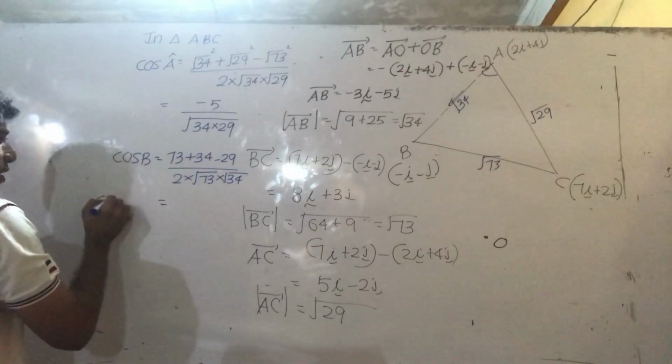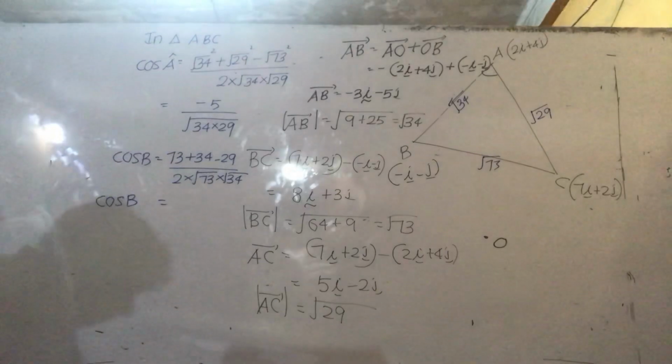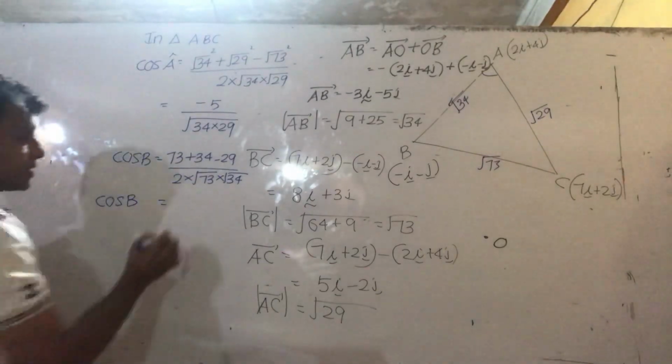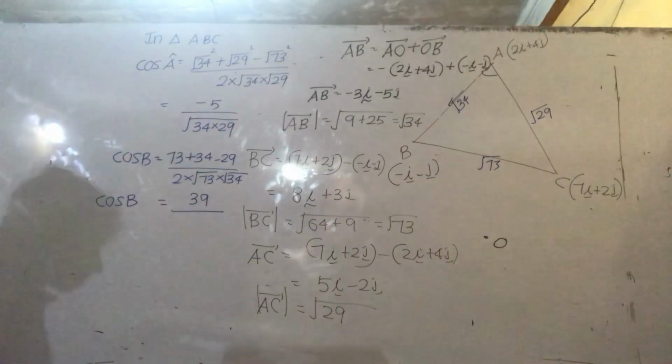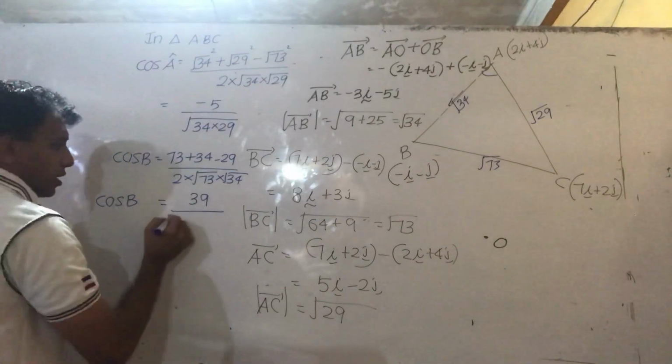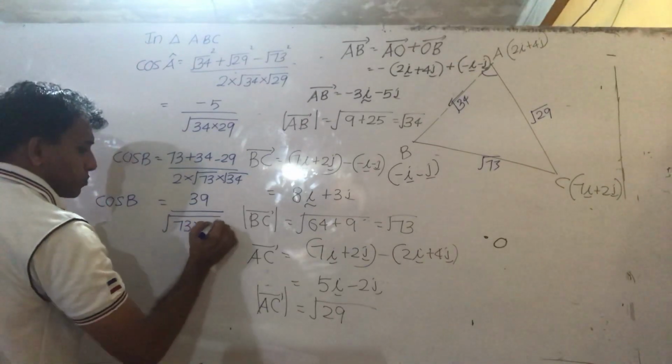So if you simplify like the earlier case, you have the answer for cos B. It becomes 39 over square root 73 into 34.